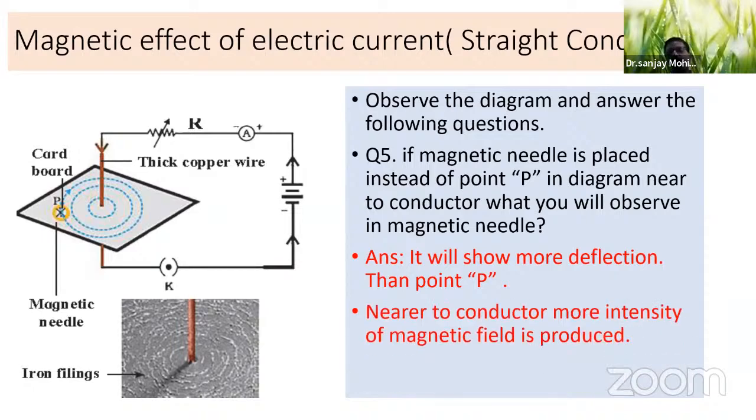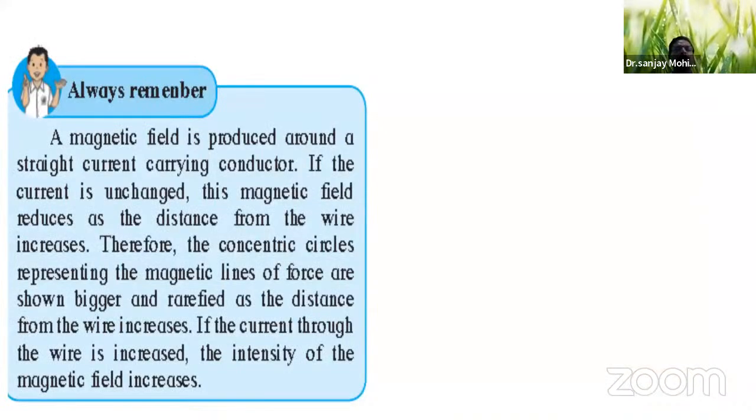Nearer to the conductor, the intensity and the magnetic field produced are greater, and therefore the deflection will be different.